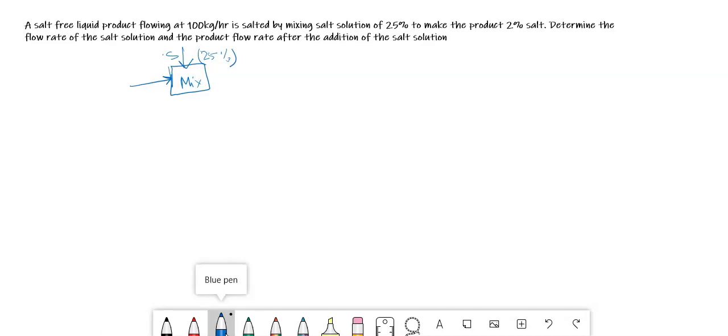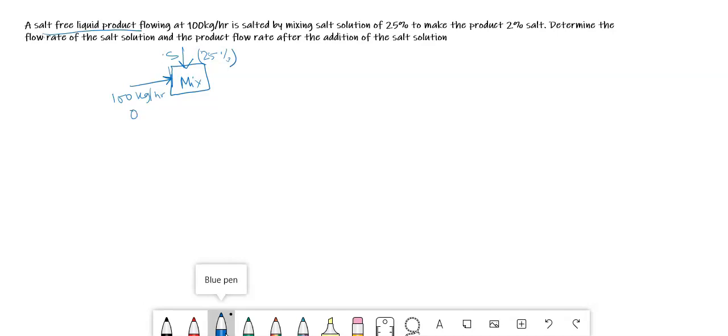This is the feed that is entering at 100 kg per hour, and it is said that it is a salt-free liquid product.